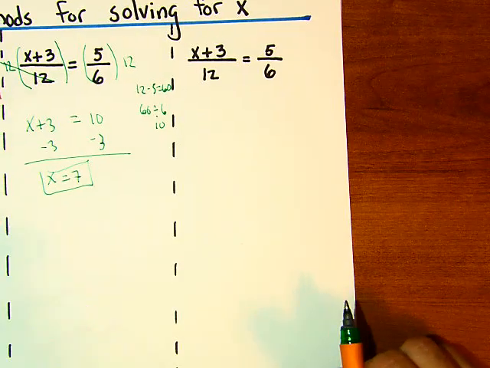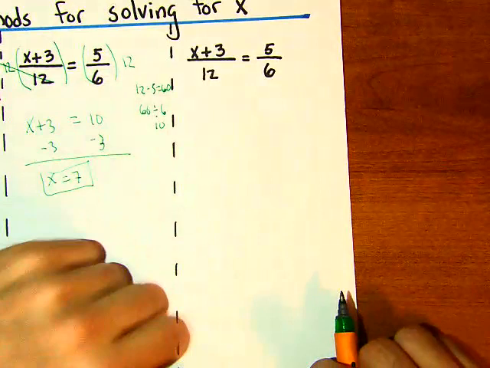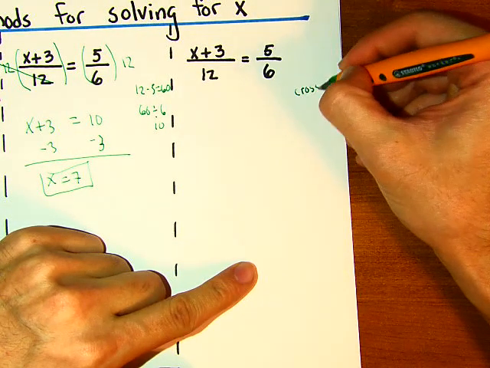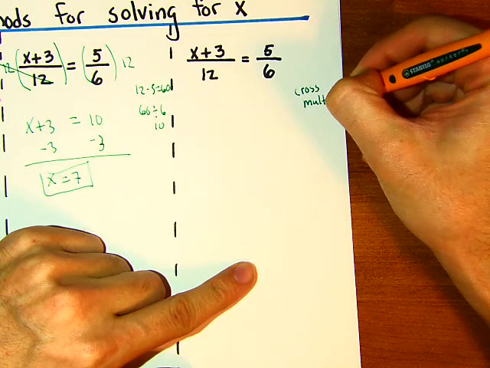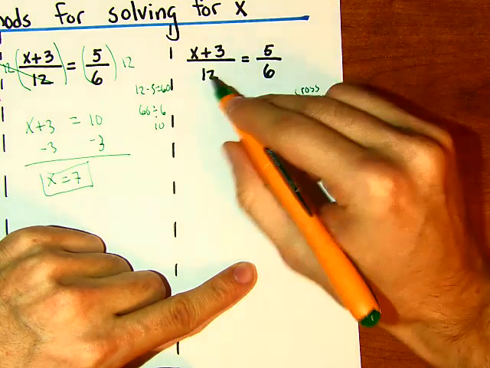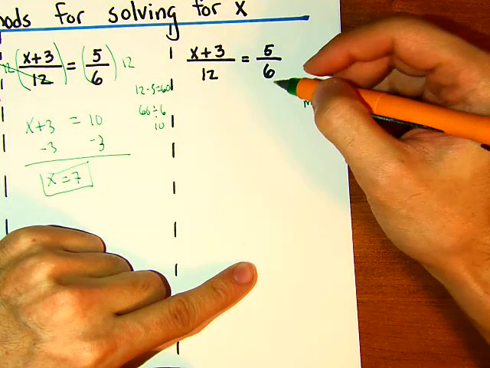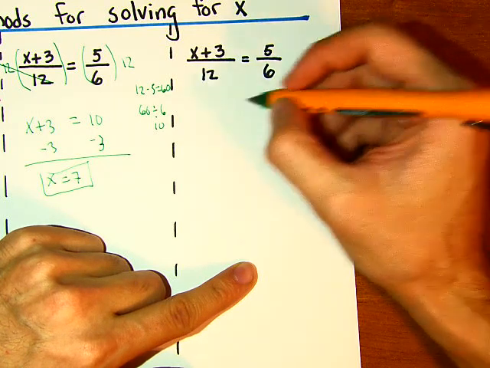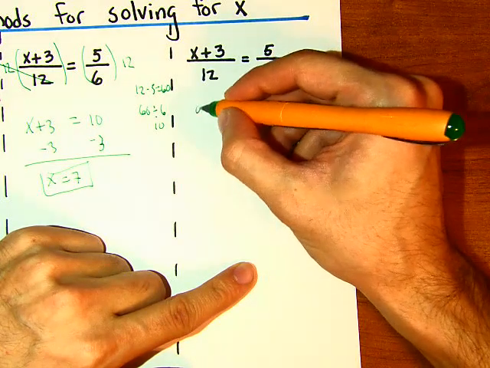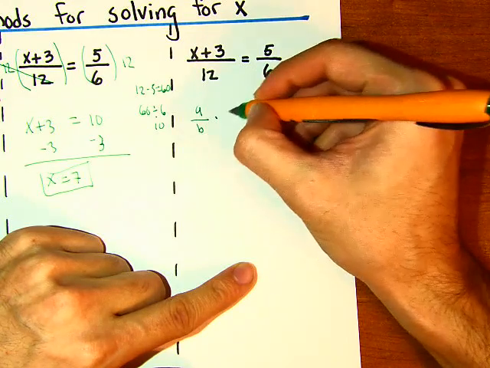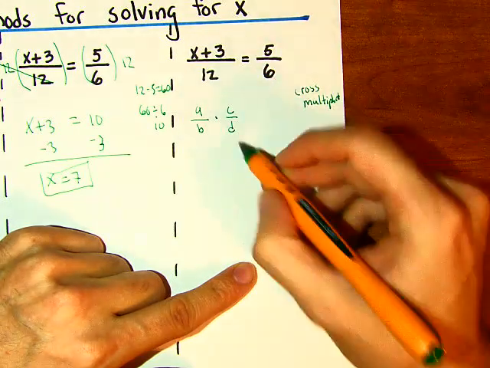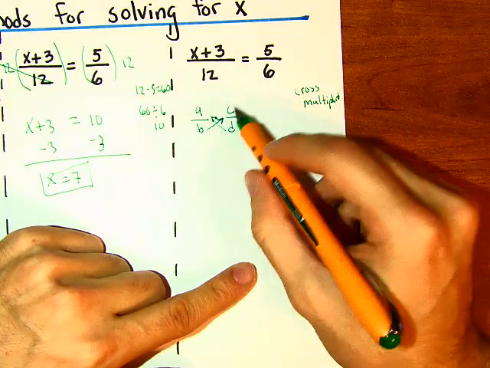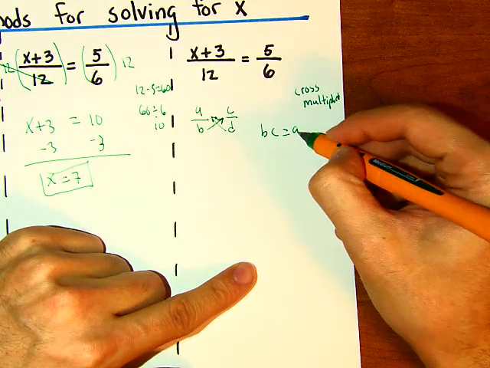Okay, so that was another nice little trick we could have done. But let's try one more. This is your famous cross multiplication. You can also cross multiply here. And some students get confused: Mr. G, when can I cross multiply? For example, last class, I remember somebody said, if you have a over b times c over d, you cross multiply here to here and here to here, and you get bc equals ad.